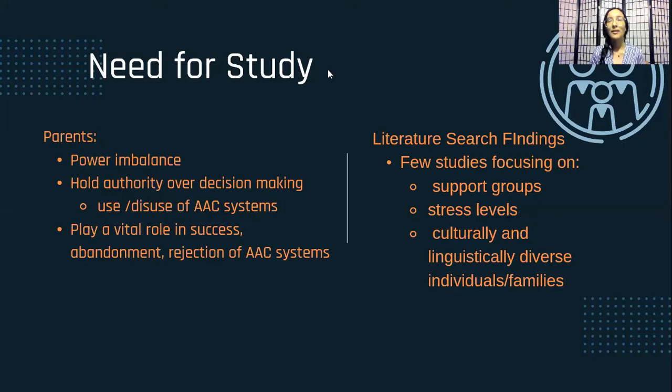Now think about an atypical child who has complex communication needs, who is not able, without the use of an AAC device, to accurately express their needs, wants, and emotions. You can see how this power imbalance may be greater when we're talking about a parent's relationship with their child with complex communication needs.